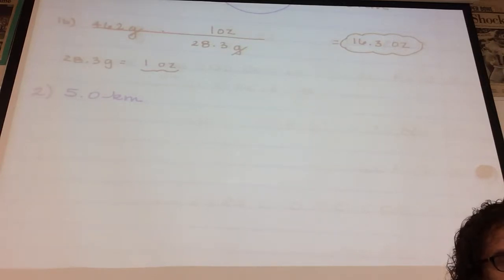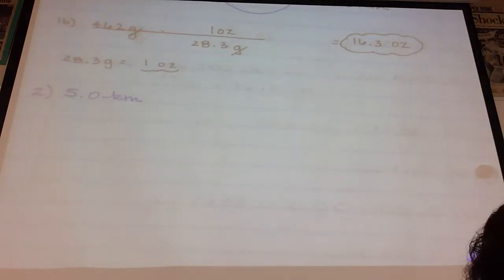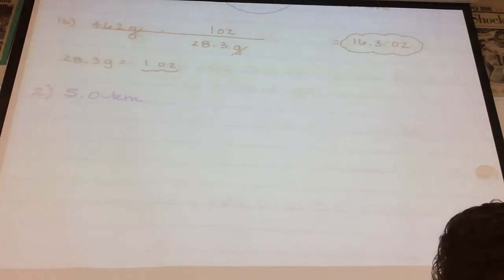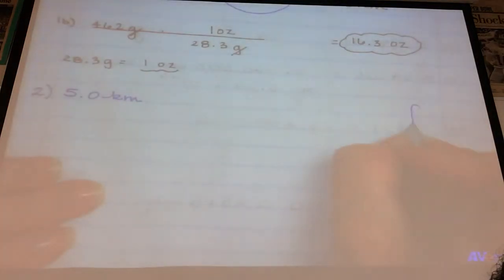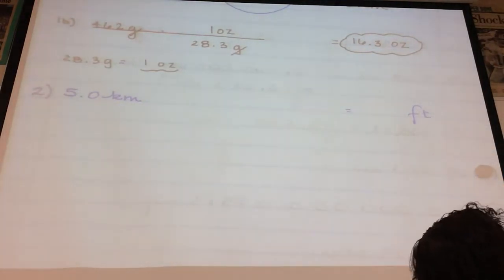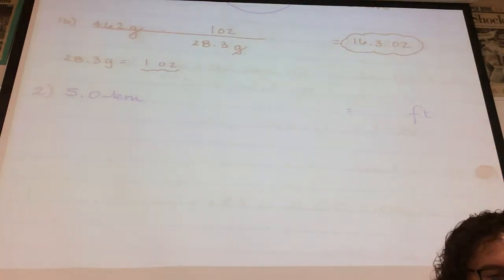We did like 40-yard dashes, and we would run 5 miles and things like that. So if we wanted to convert kilometers to feet, is there a conversion that has both kilometers and feet in it?